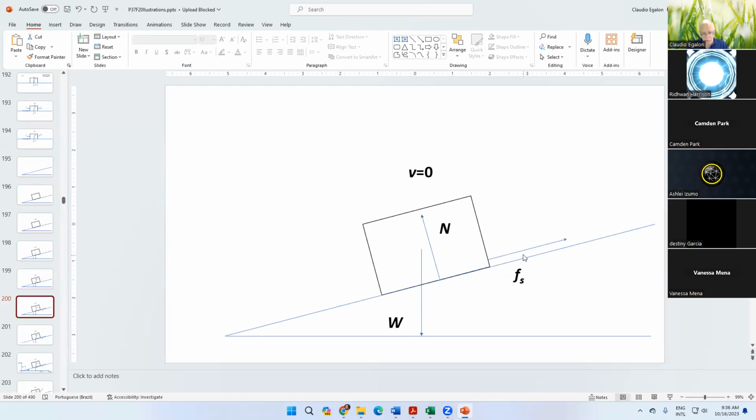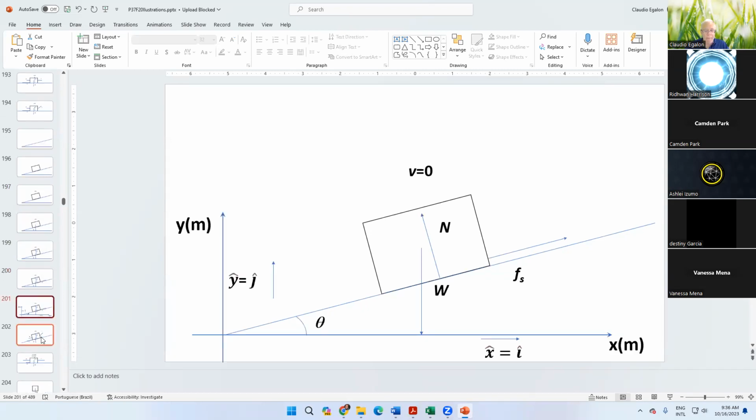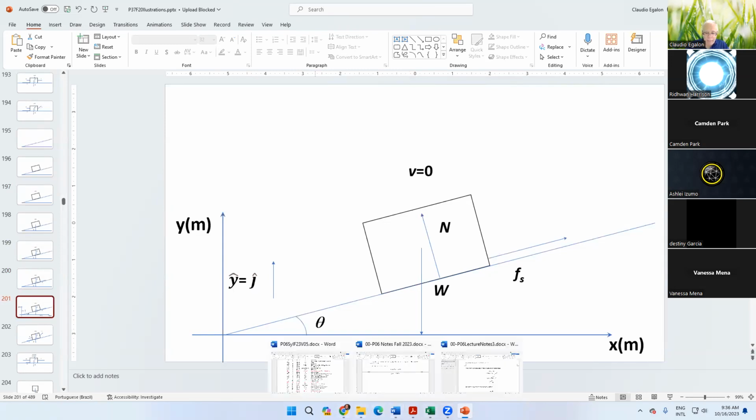Because if you didn't have a frictional force, the object would be sliding downwards along this plane. I don't need this one, but I need this one. So we have 1, 2, 3 forces in this specific case. Okay, inclined plane. That's the case.